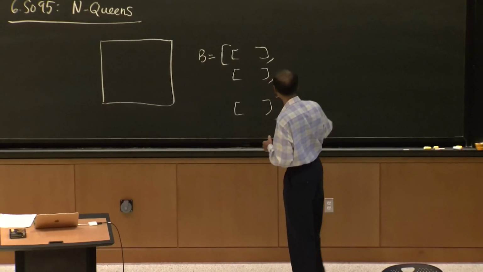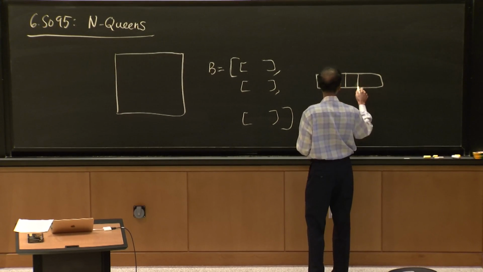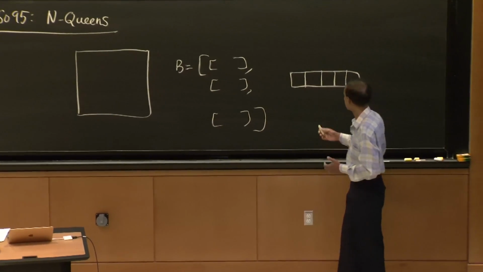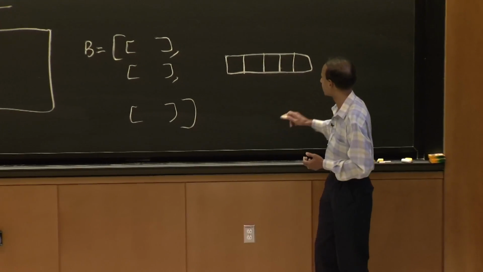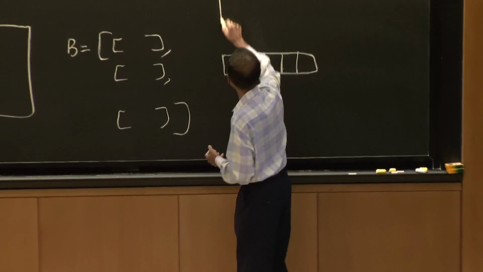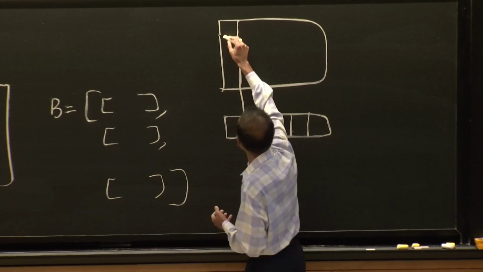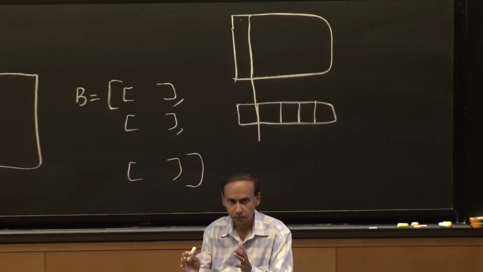And then after that, we looked at compressing that representation down to a 1-dimensional list where, let's say, you had a 5 by 5 board, because I got 5 entries here. You essentially exploit the fact that there can be at most 1 queen on any given column.